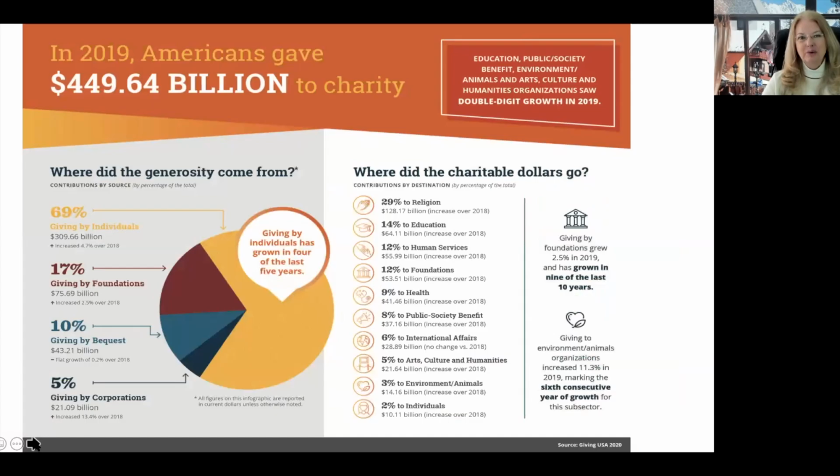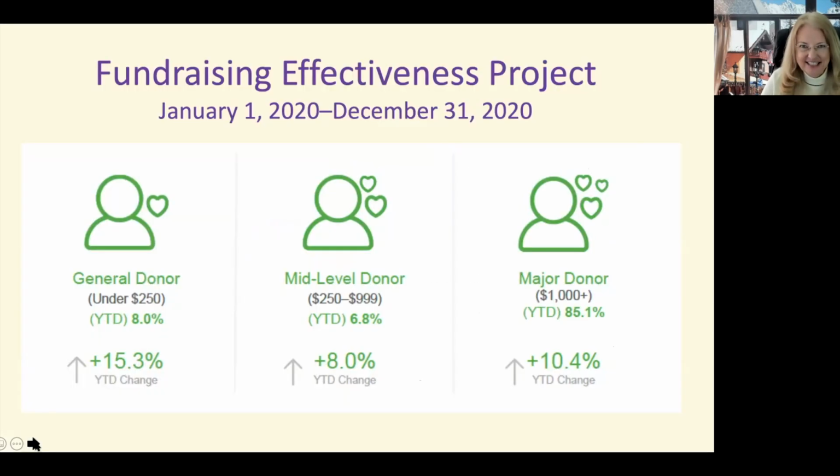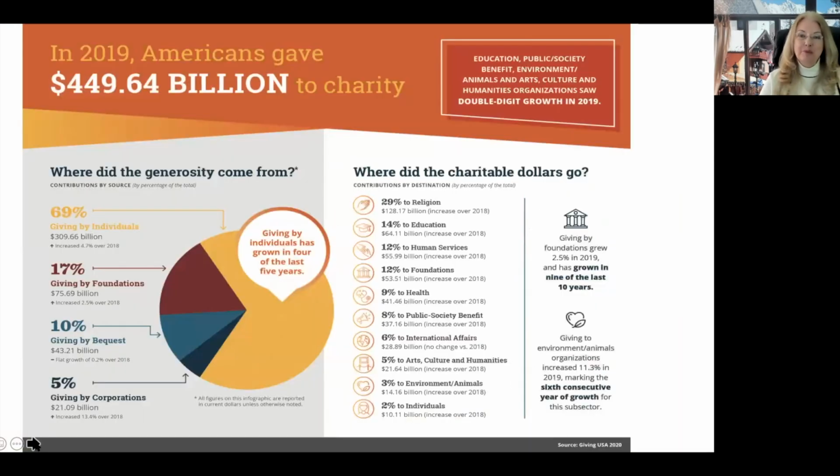Okay, so one of the questions I typically get, we're back to that chart from Giving USA: what kinds of organizations do people give to? Well, 29% was religion, so that was the largest category. Education was right under that at 14%. Then human services, which covers a lot of different things.